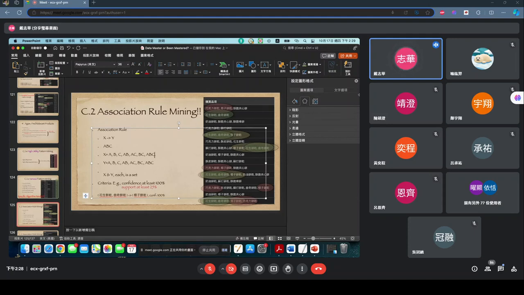So here we have 6 possibilities for X, and 6 possibilities for Y. So for this rule, X implies Y, we have 36 possibilities.